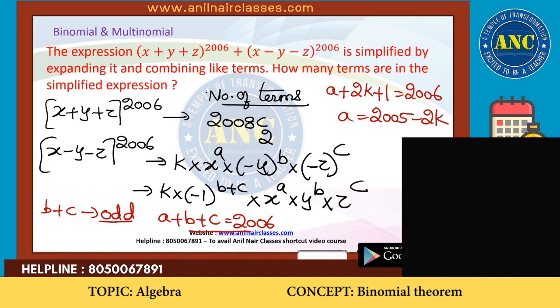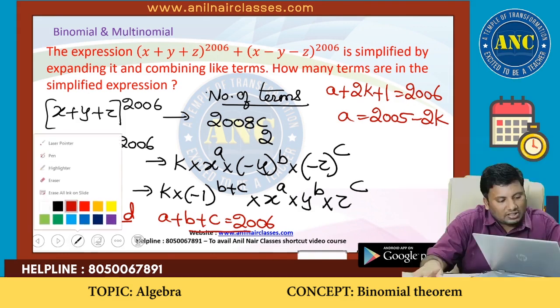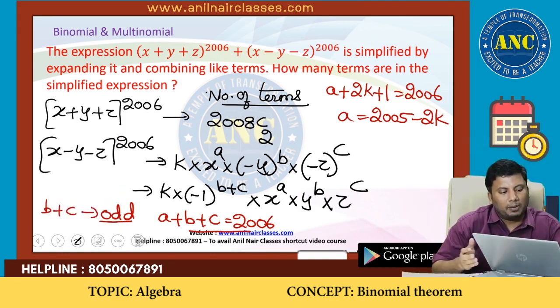Now a plus b plus c is 2006, and b plus c is odd.